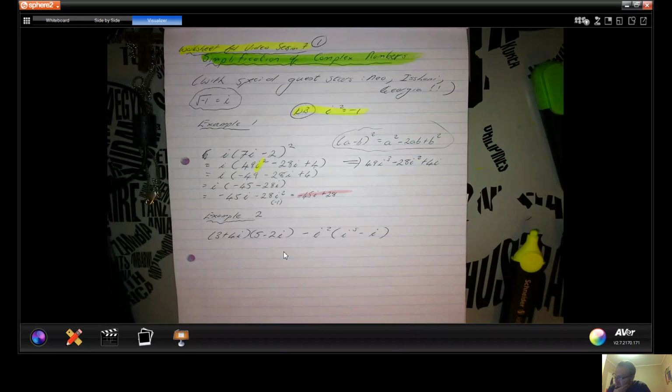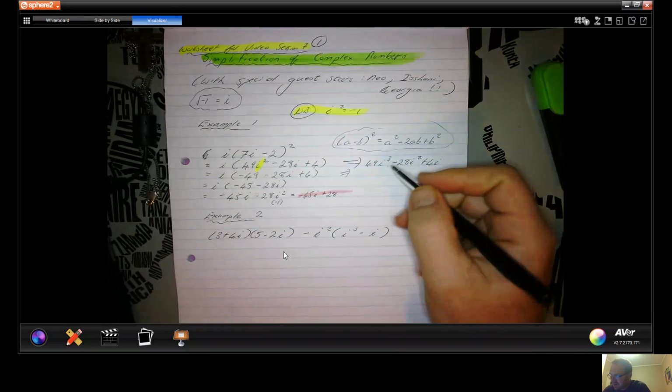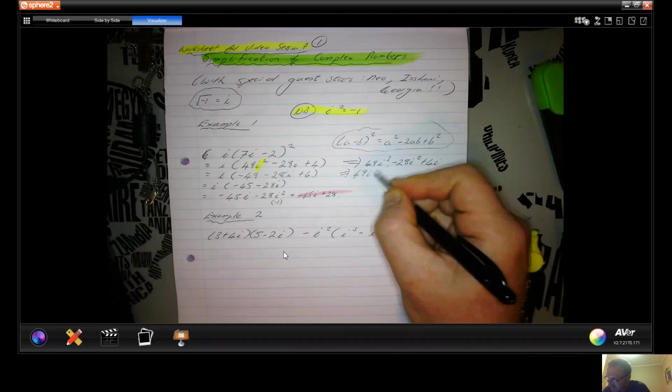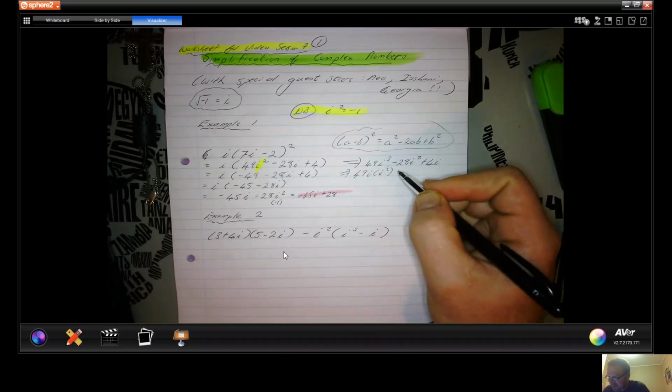Then you have to work backwards, because with i cubed, remember when we did this the other day, if you've got an odd power, you've got to change it to an even. So I can rewrite i cubed as i times i squared, so that's 49i times i squared.